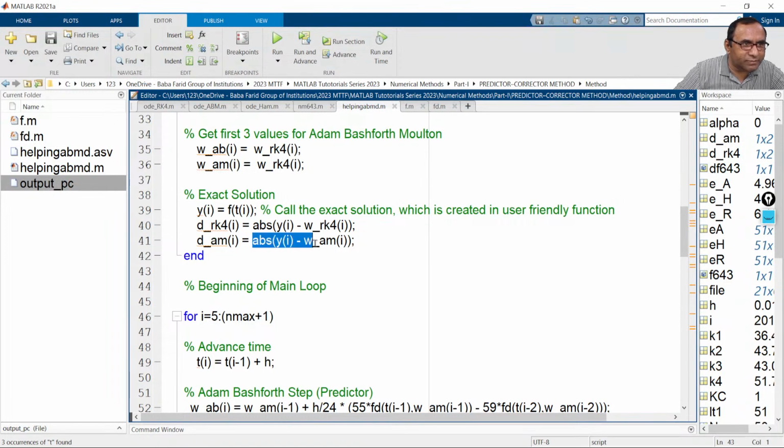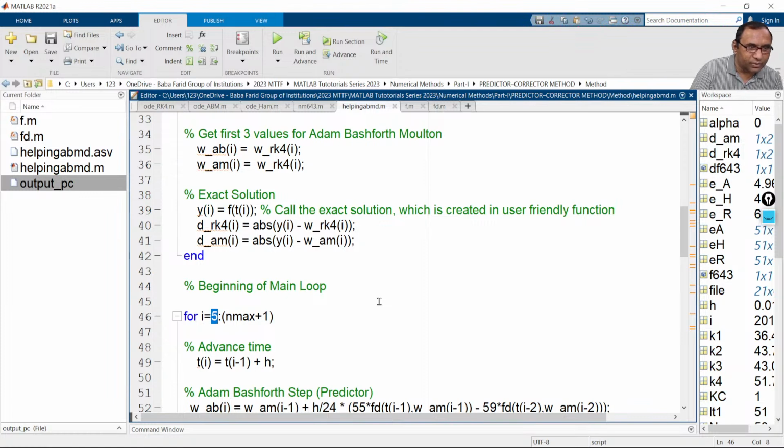And here is the absolute error between y_i and the solution given by Adams-Bashforth-Moulton, and these differences are stored at this place and here. Now we are beginning the main loop. The main loop will start from 5, because i equal to 1, 2, 3, 4 has already been taken.